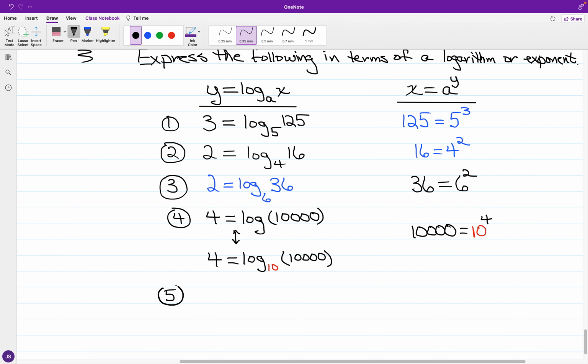And we can have some multi-term expressions. We can say that we have 2y plus 4 is equal to the base 5 logarithm of u.